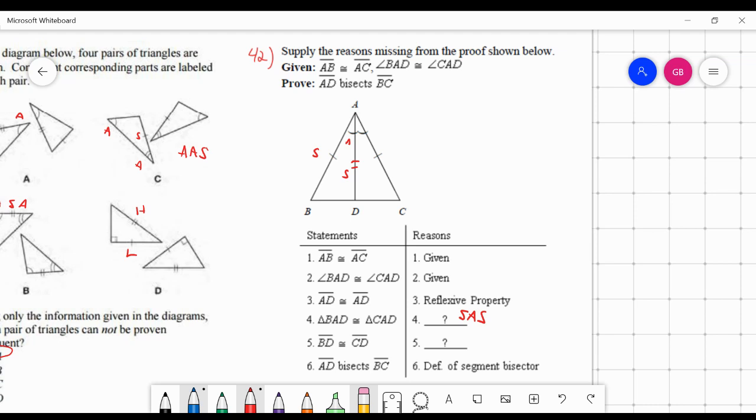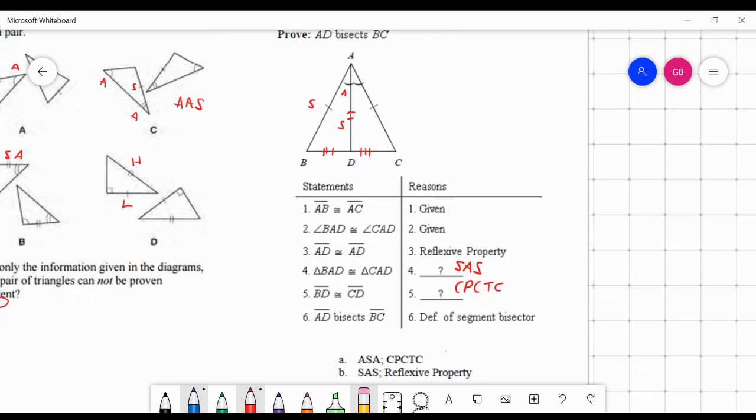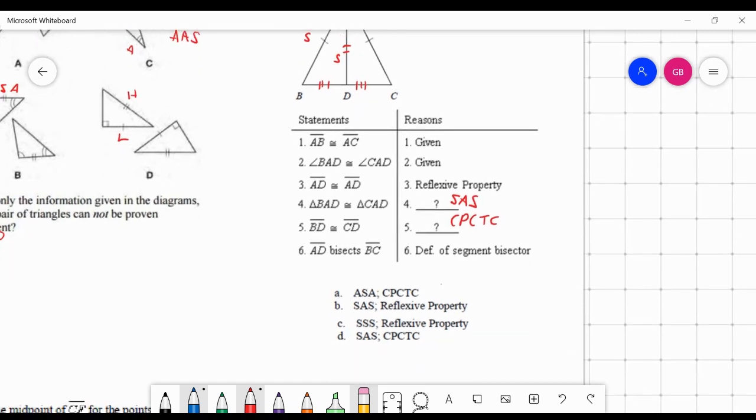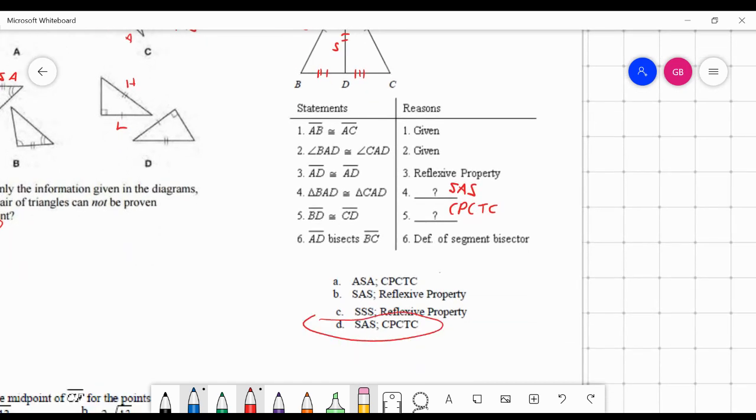And now we've proven that the triangles are congruent. So BD has to be congruent to CD because corresponding parts of congruent triangles are congruent. And then step 6, AD bisects BC because of the definition of segment bisector. So option D is our answer.